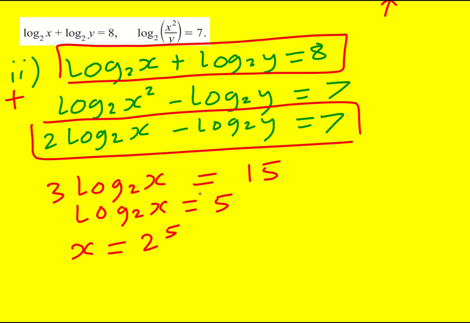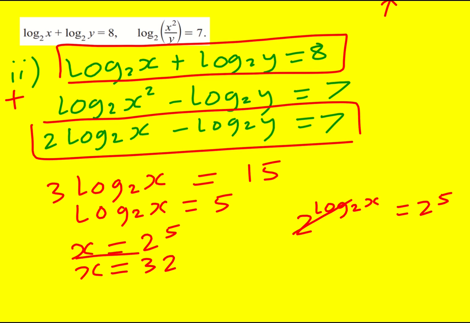It's 5, so 2 to the 5 is x. Or this is also worth being aware of, knowing you can raise both sides to the power of 2. And these basically are inverse operations. Log to base 2 and 2 to the power of something cancel out. And that also gives you x equal to 2 to the 5. So x is going to equal 32.